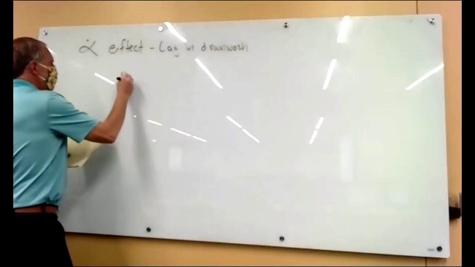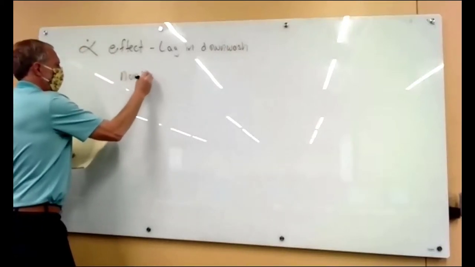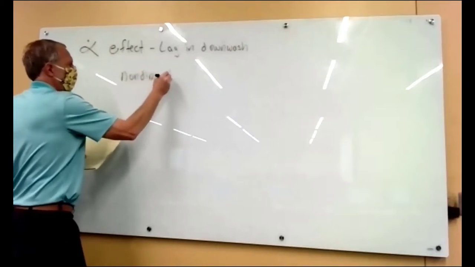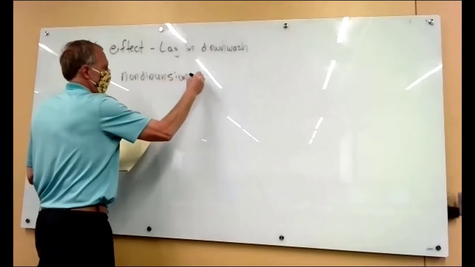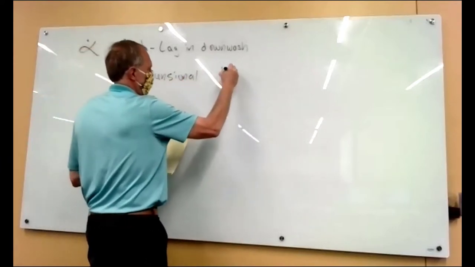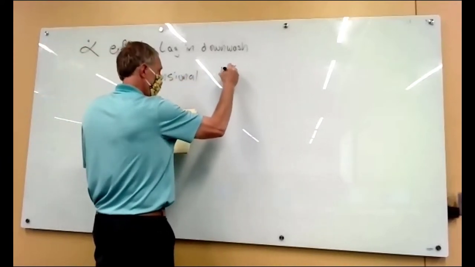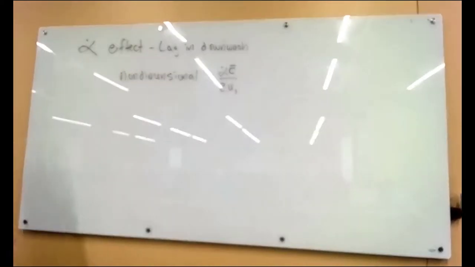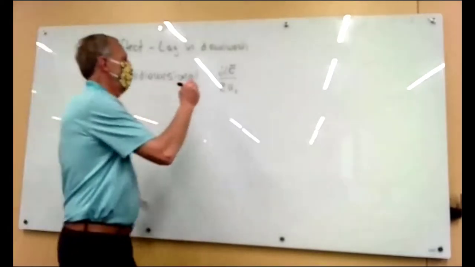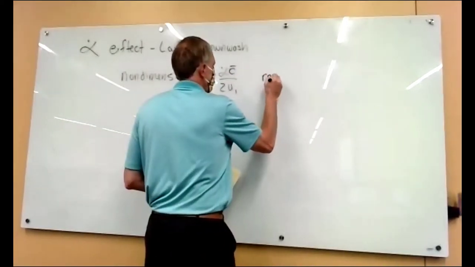So the non-dimensional version of this is alpha dot c bar over 2u1. And this, we defined this a couple days ago. And this is called a reduced frequency.